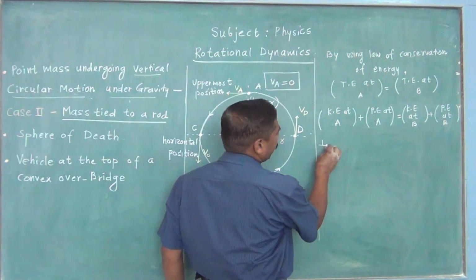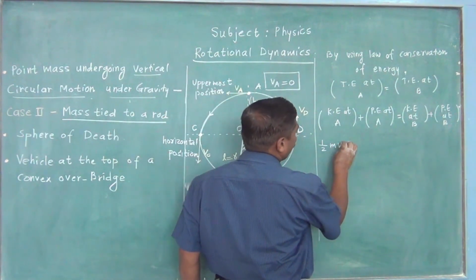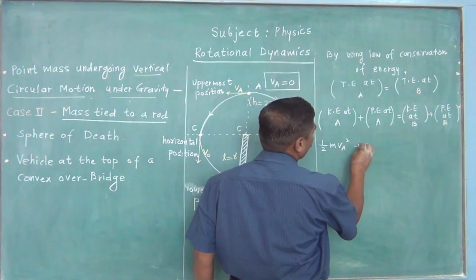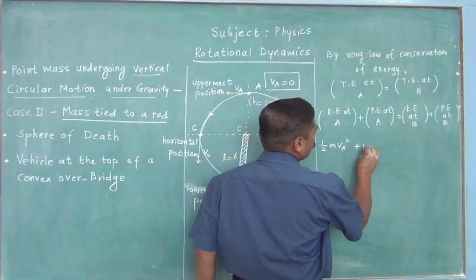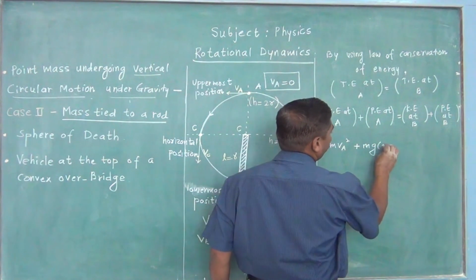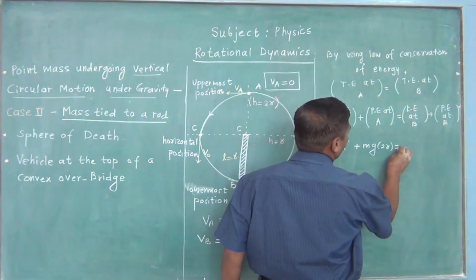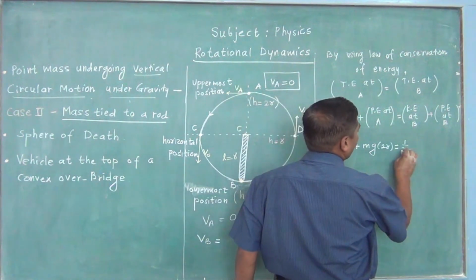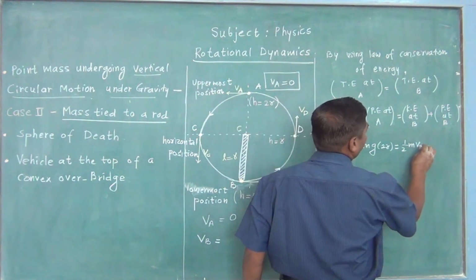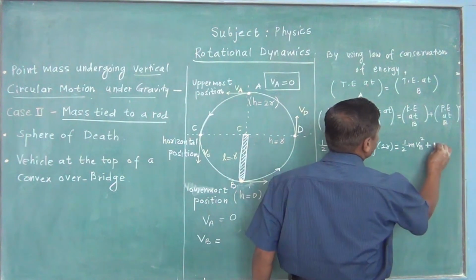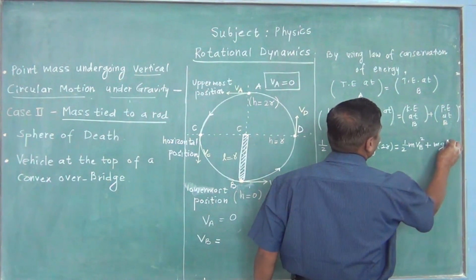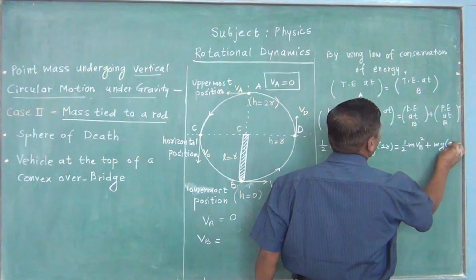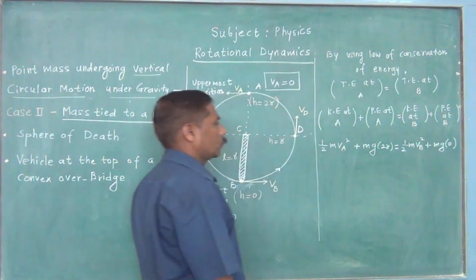So the kinetic energy is half m va square plus potential energy as mg 2r, which is equal to kinetic energy, again half m vb square, plus potential energy mg h, which means 0.